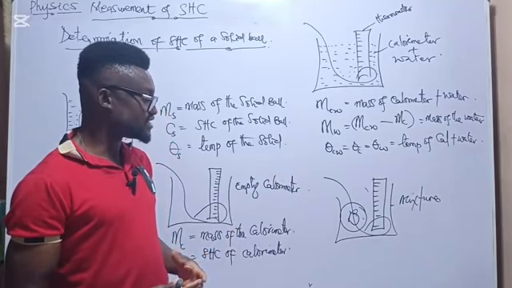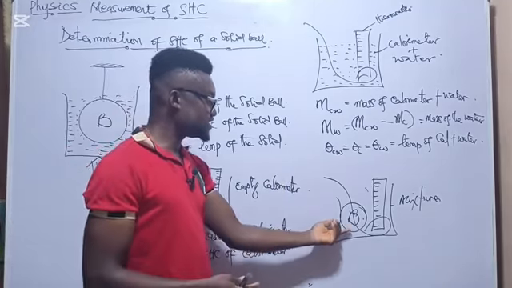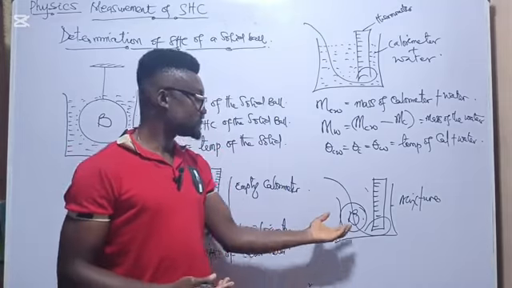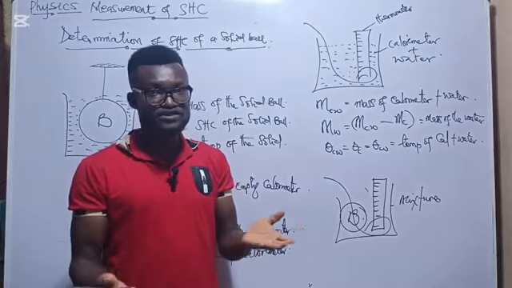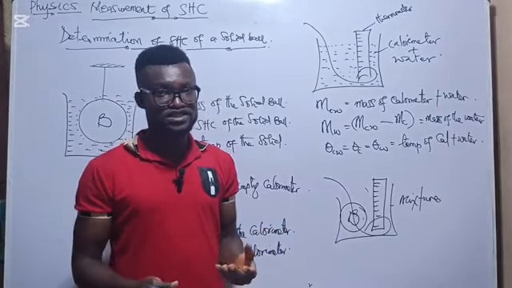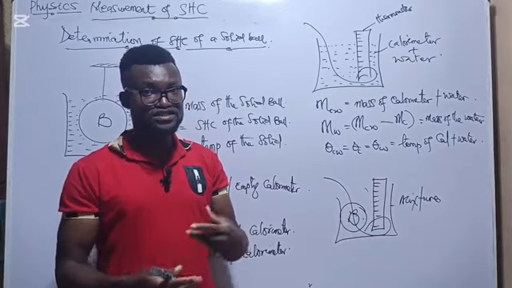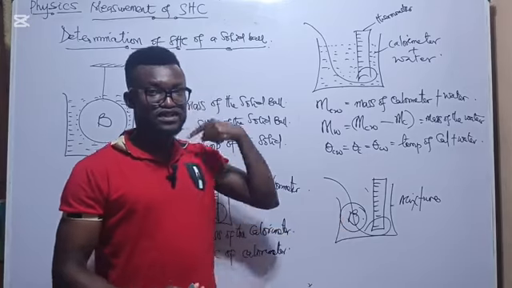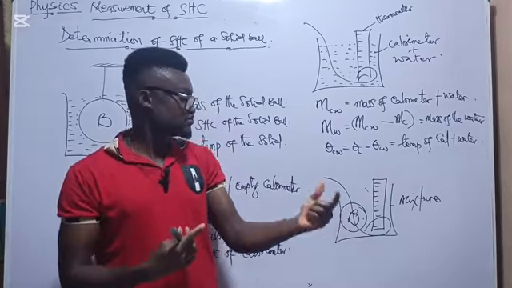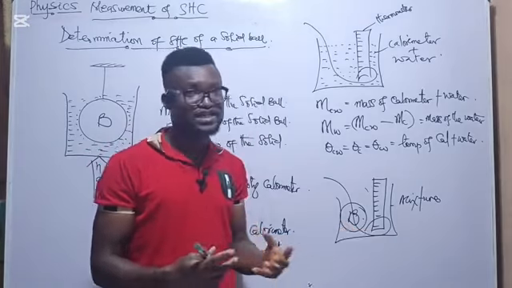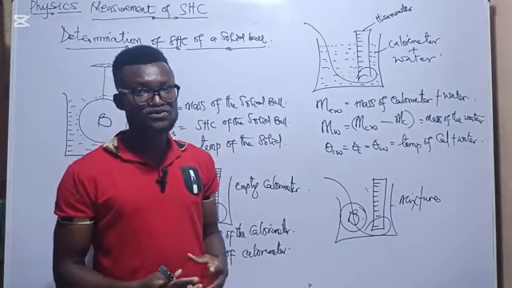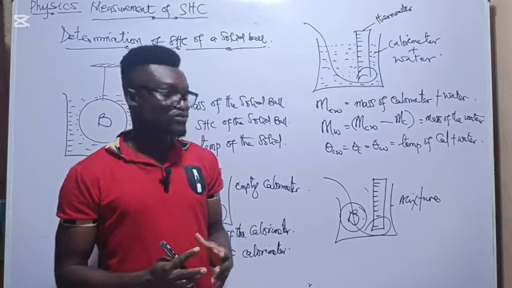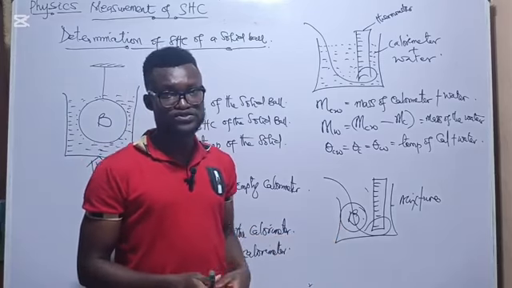So in that case, we need to get the temperature when this liquid must have mixed well with the solid. By then the heat must have been exchanged. So the solid exchanges its heat with that of water and the calorimeter. So at that mixture, we need to get the temperature of the mixture.